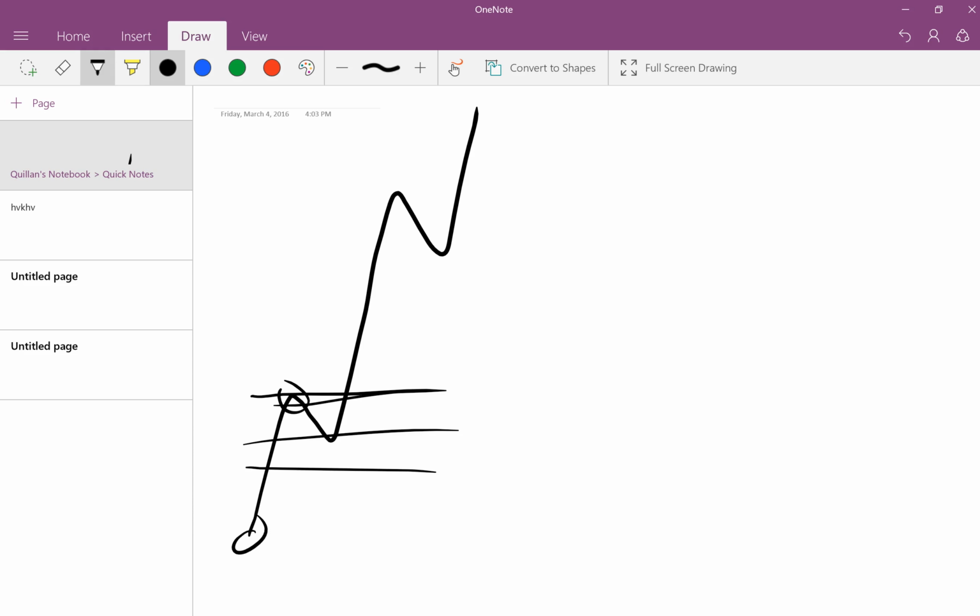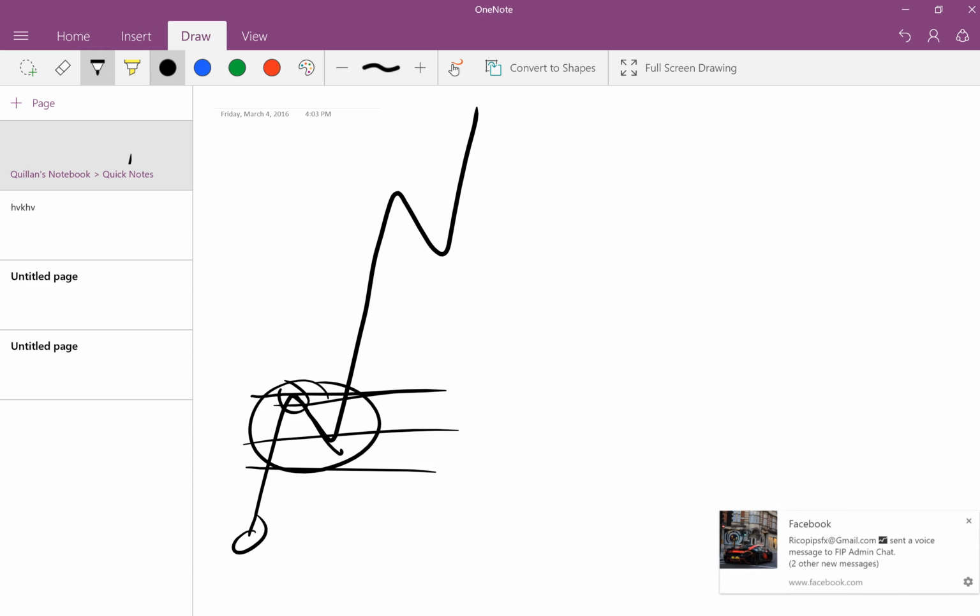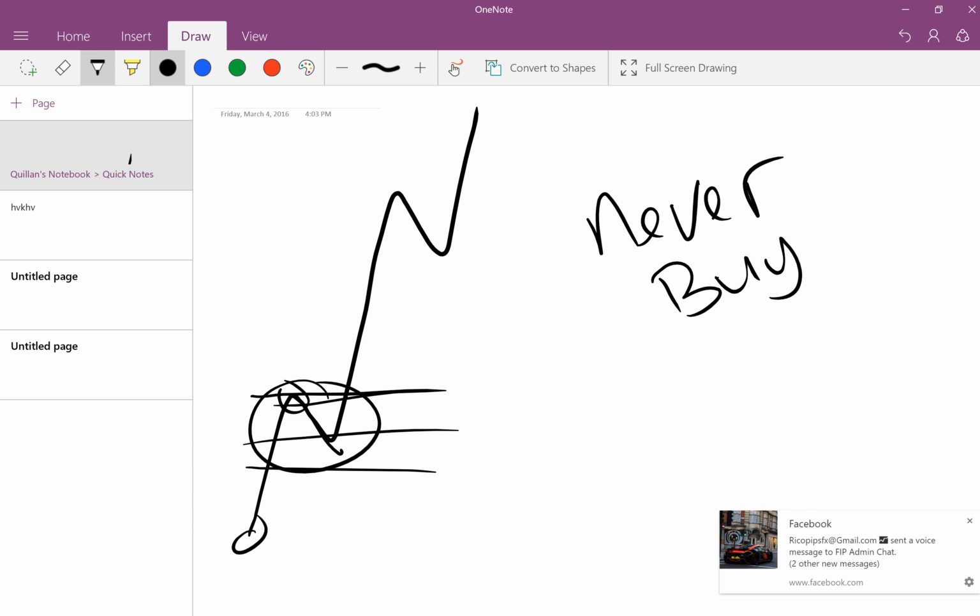Seeing that it's an uptrend, these counter trends don't last for a long time, but at the end of the day, you would never buy in a seller's market.